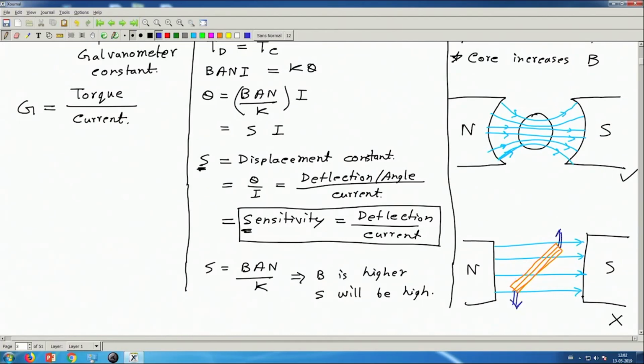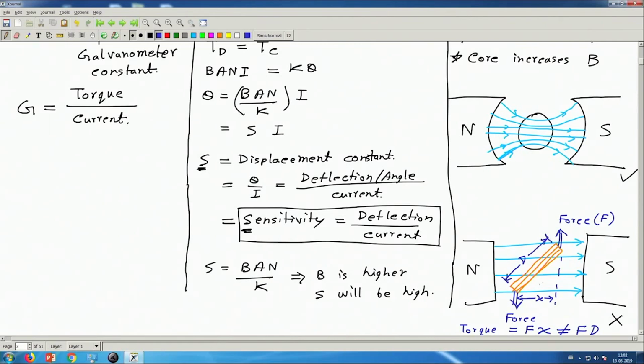So, here this will be the force, and then the torque will be this force F multiplied by this distance, call it x. And this is not the same as F times d, where d is the width of the coil.